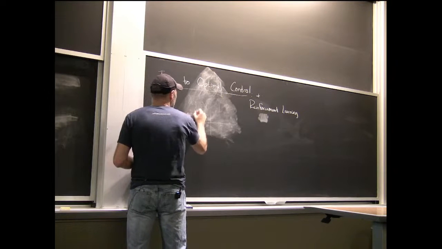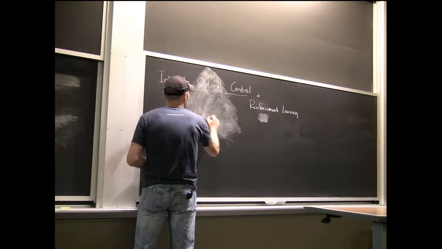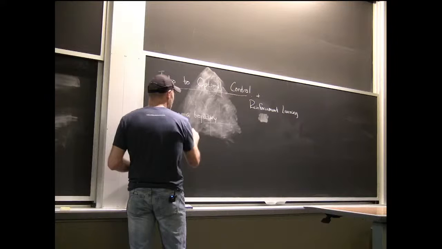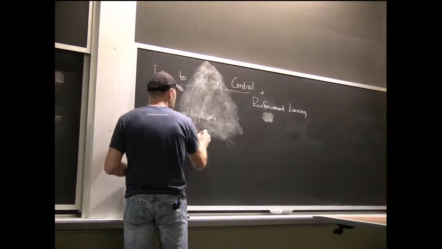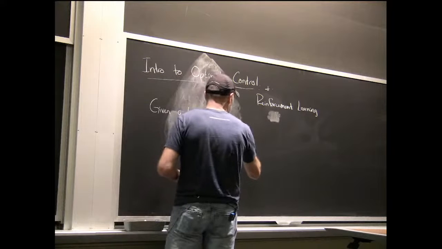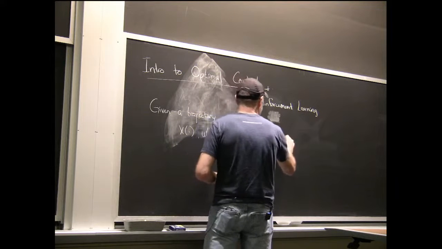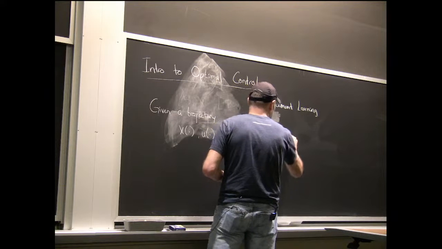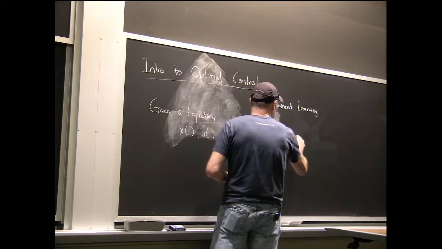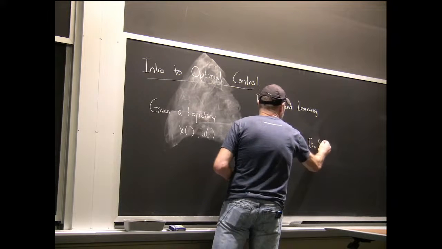Given a trajectory, so I'll use x dot, u dot as shorthand for something like this, x of t for all t in t0 to t final.